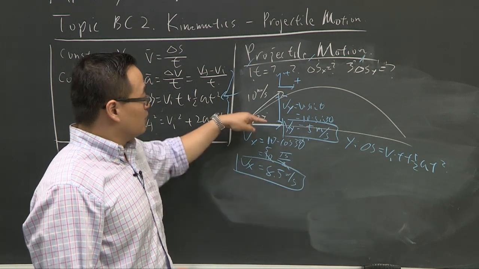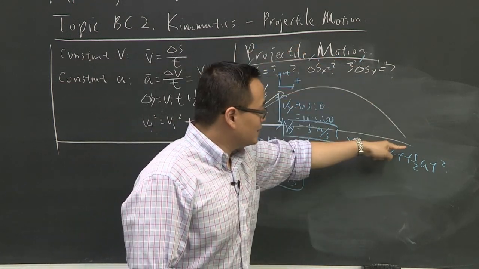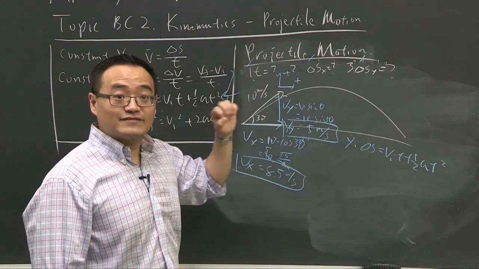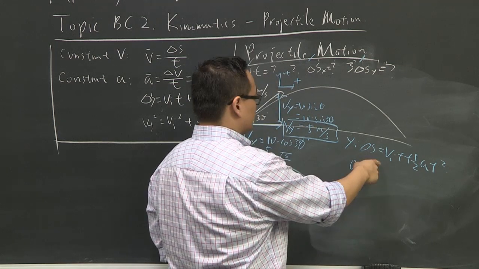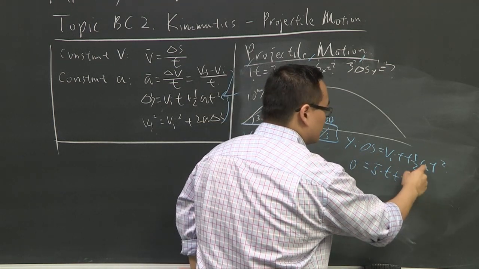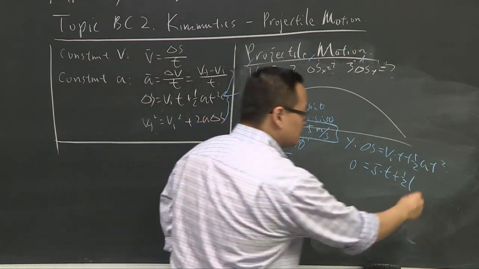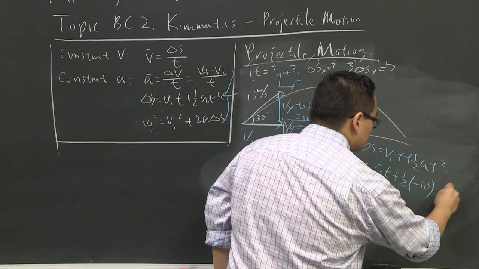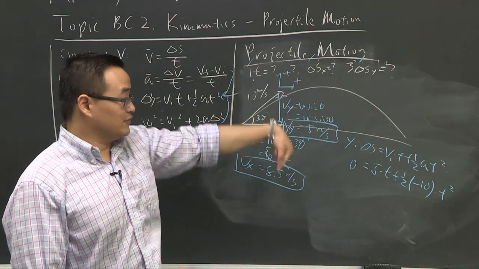What's your displacement? What is y displacement for this whole motion? It came up and went down, so from a y perspective, it's 0, right? So 0 is equal to initial velocity, 5, times t plus 1/2 of, well, what's your a? -10 times t squared, right? Why is it -10? Because gravity is always going down, right?